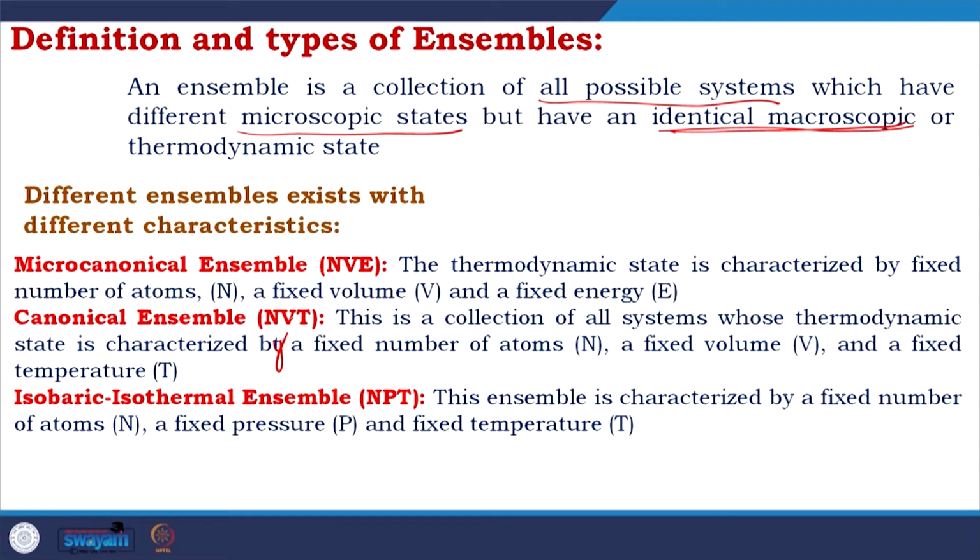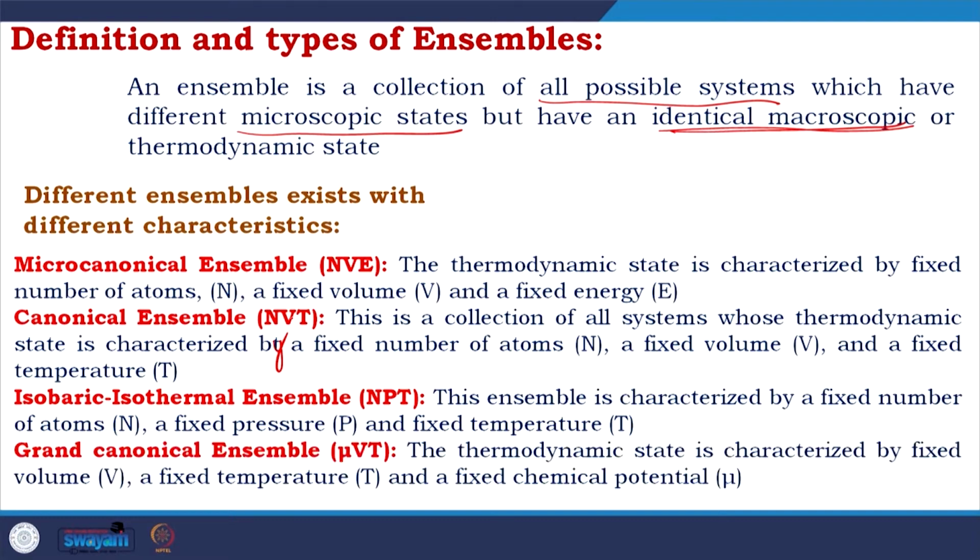This ensemble is characterized by a fixed number of atoms, a fixed pressure and a fixed temperature. The last one, grand canonical ensemble, mu V T. The thermodynamic state is characterized by fixed volume, fixed temperature, and a fixed chemical potential which is defined by mu. So, we have discussed periodic boundary conditions and their role, we have discussed phase space, and we have discussed ensembles.